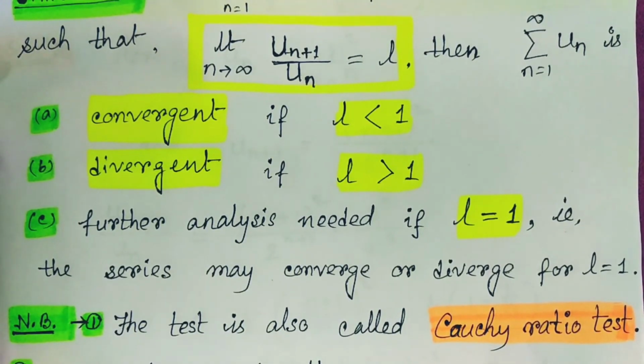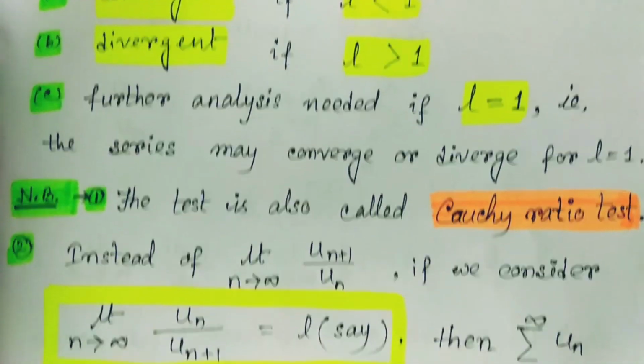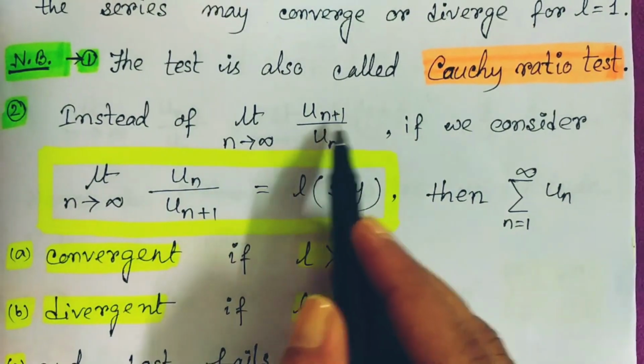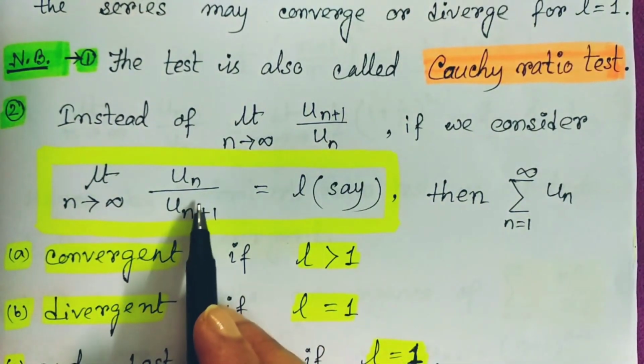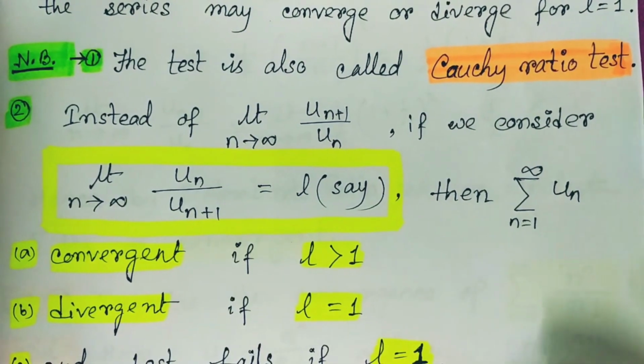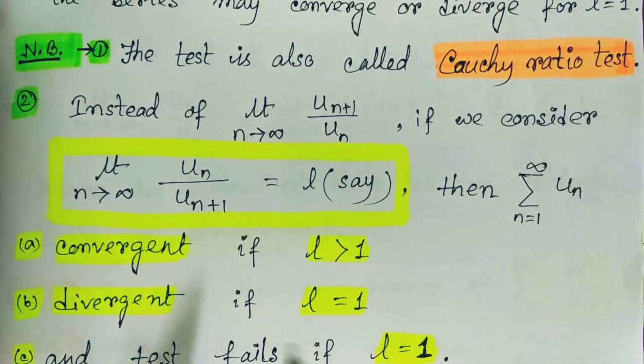And not only that, one more form of the D'Alembert's ratio test can be applied here. Instead of the ratio un plus 1 by un, if we consider the ratio un by un plus 1, then also we can conclude about the series, but this time the conclusion is reversed.